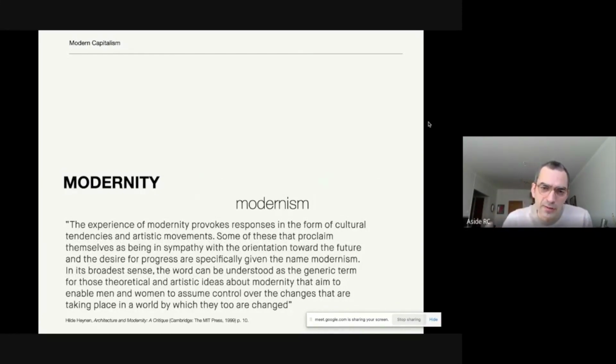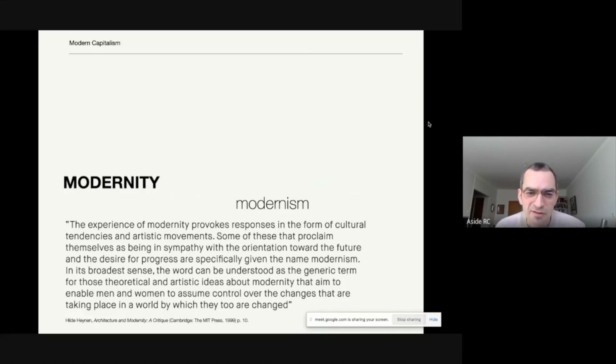And the third word or notion, modernism, would be different from the other two. The experience that modernity provokes, and the cultural tendencies and artistic movements that emerge in this modern period, some of these that proclaim themselves as being in sympathy with the orientation toward the future and the desire of progress are specifically given the name modernism.